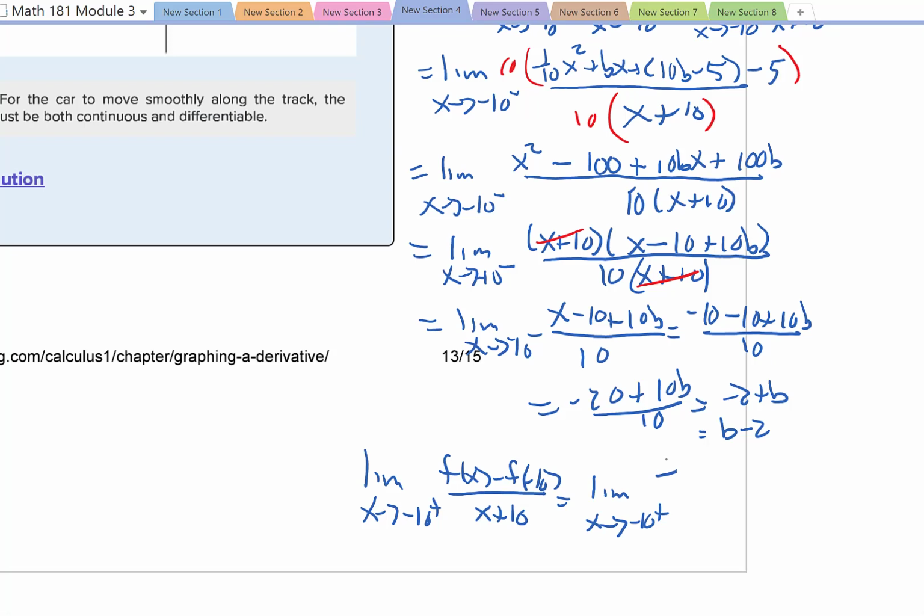Yep, negative 1/4 x plus 5/2 minus 5 over x plus 10. And I'm going to multiply everything by 4 over 4 to clear out that fraction.